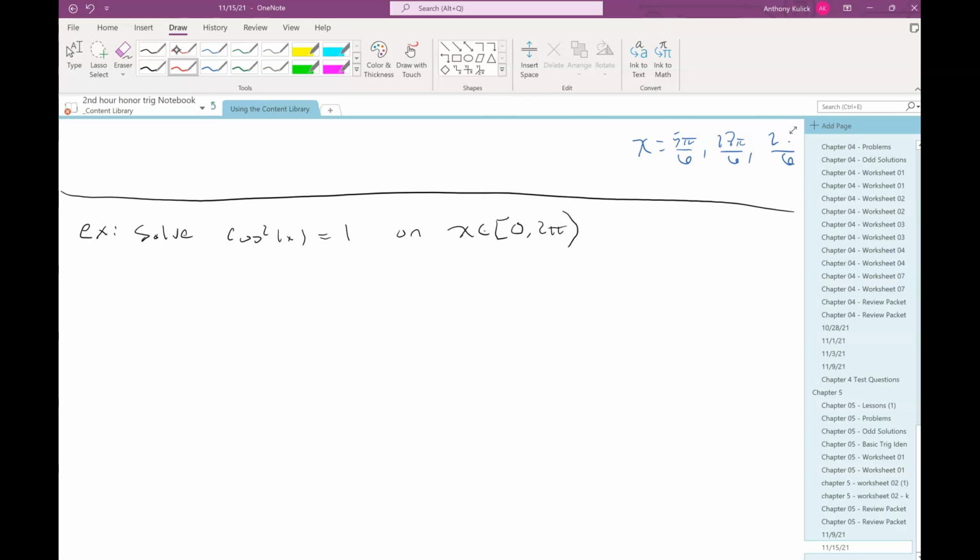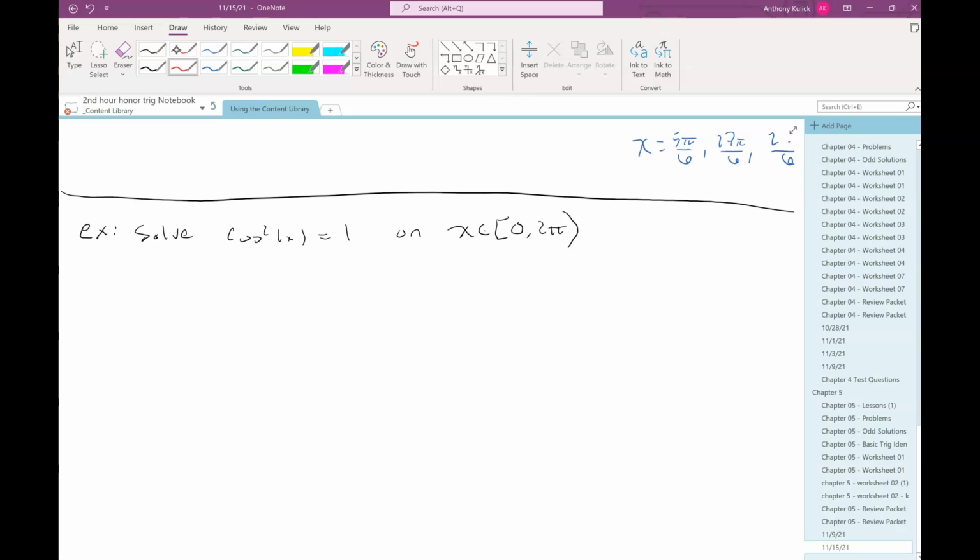The bracket means that number could be included in the set. So 0 is an answer that this problem can have. 2 pi would mean that number is not included in the set. So 2 pi is not an answer that we could have for this problem. Everybody remember that? Okay.